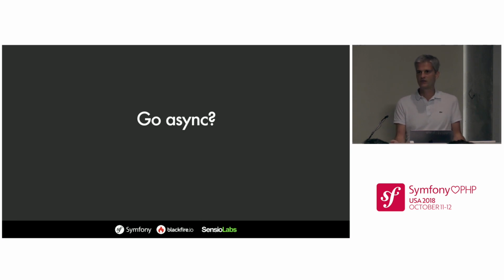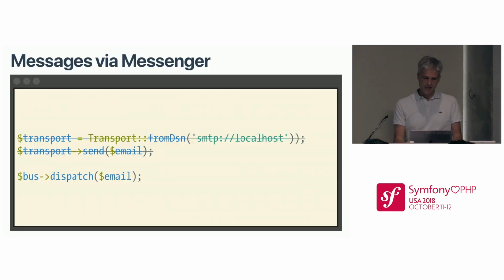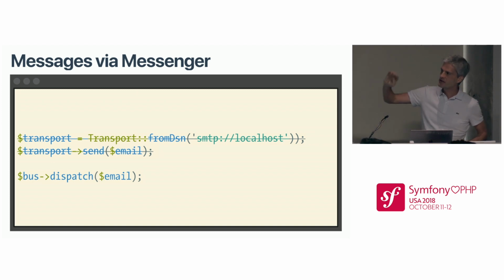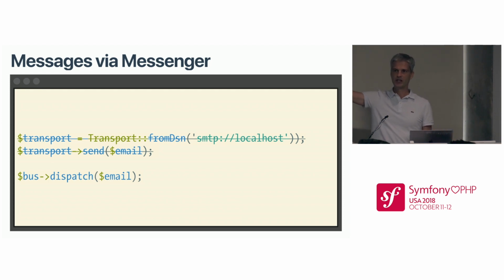So why not leverage that component? So instead of creating a transport and then sending the email via the transport, that's something you will never ever do, actually. You will always do bus dispatch email. So you dispatch the email on the bus.